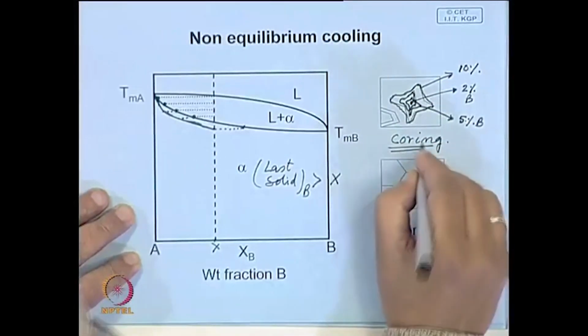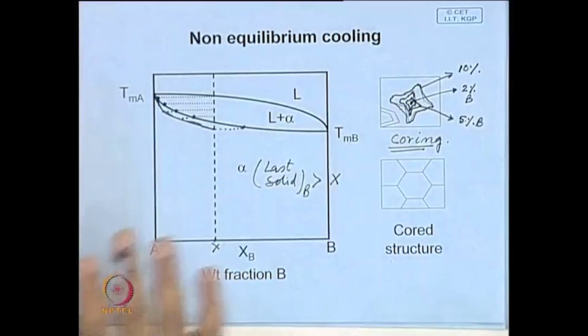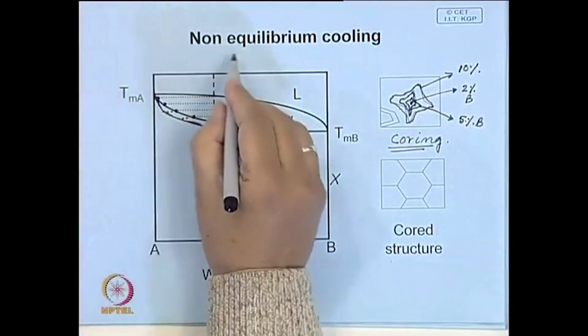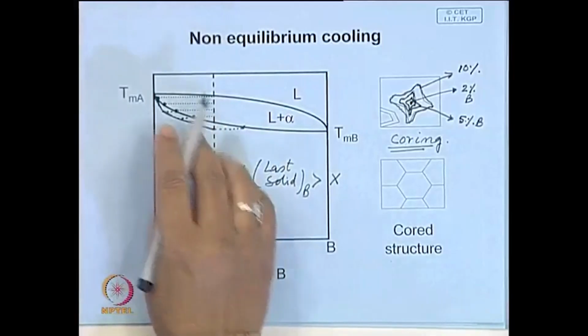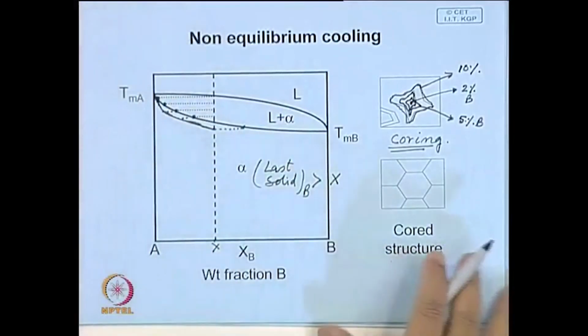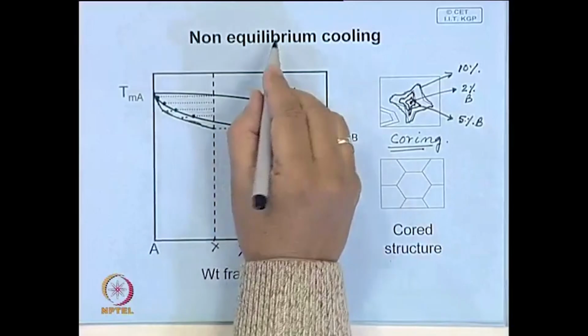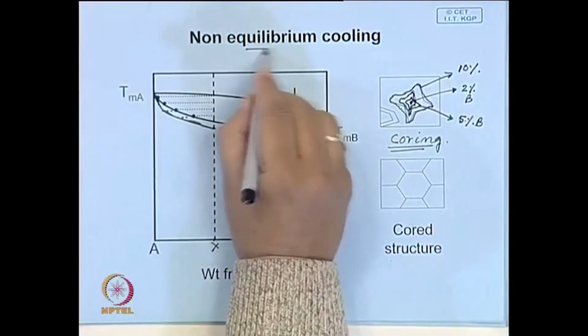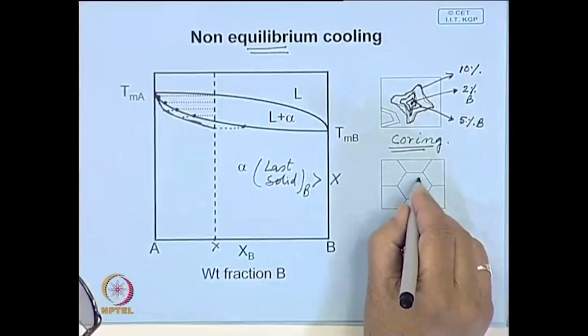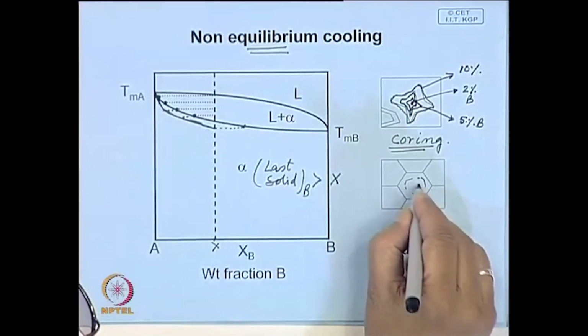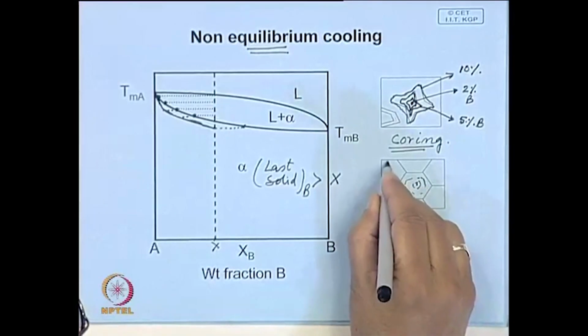So, using simple concepts and that assumption, we can to some extent understand the structural change that is likely to take place when there is a departure from equilibrium cooling. And finally, you will have a cored structure, with different compositions from center to periphery.